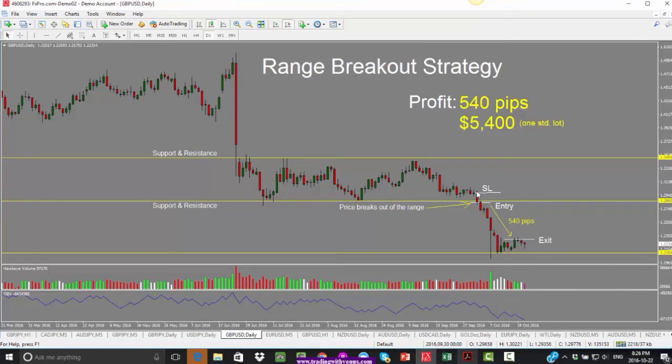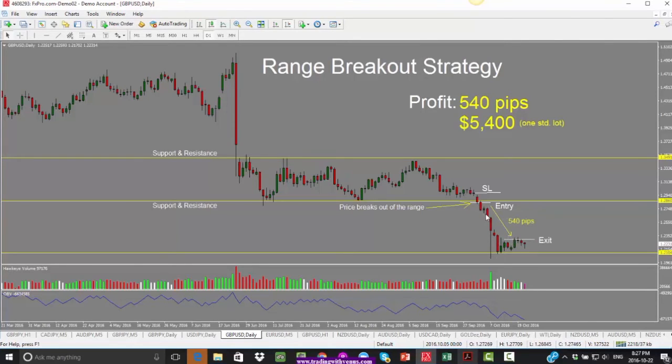So we would put our stop above this candle, the candle that broke out of the range. We would give it some room for the trade to breathe. So stop loss goes up here, and we enter the trade once the candle closes. You could wait for pullback, which I generally like to do. However, just entering the trade at the bottom is just fine. You just lose out on few pips, but no big deal.